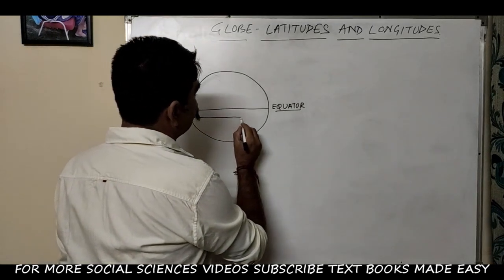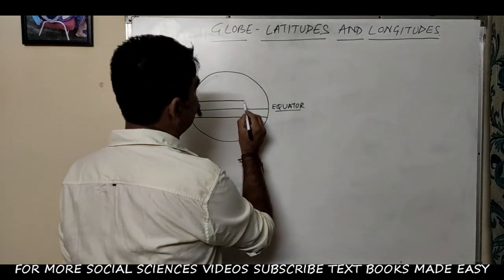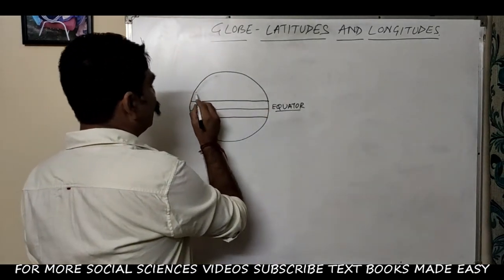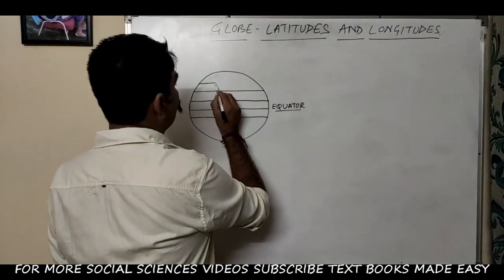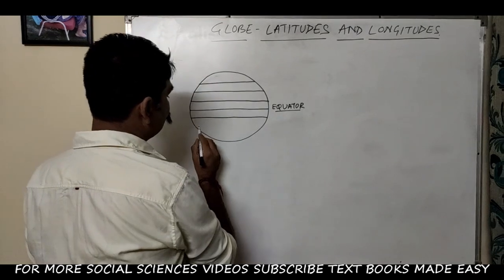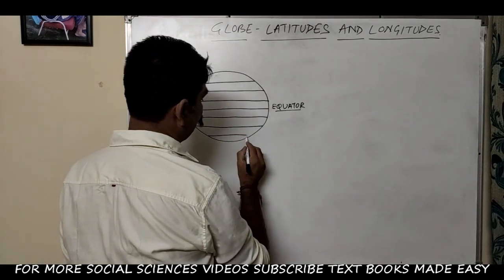These parallel lines are imagined to the north as well as to the south of the equator.